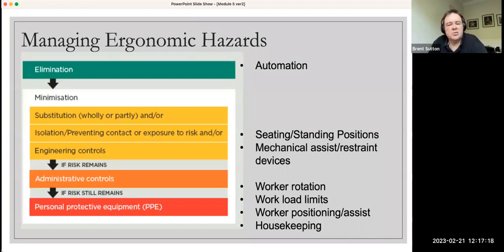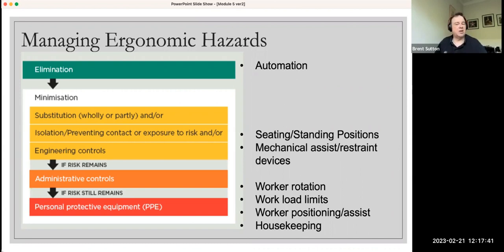Then we have some engineering controls, which are things like mechanical assistance or restraint devices. I don't really see many of them these days, but previously we might have seen that where someone is having to sort, they actually wear a restraint that doesn't allow them to go past a certain point.